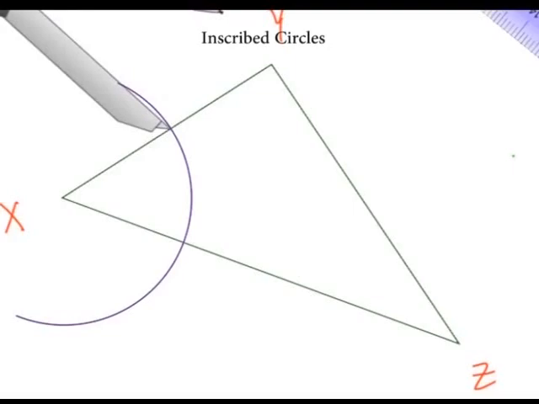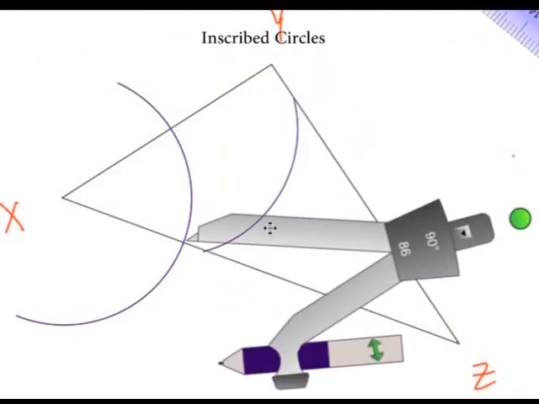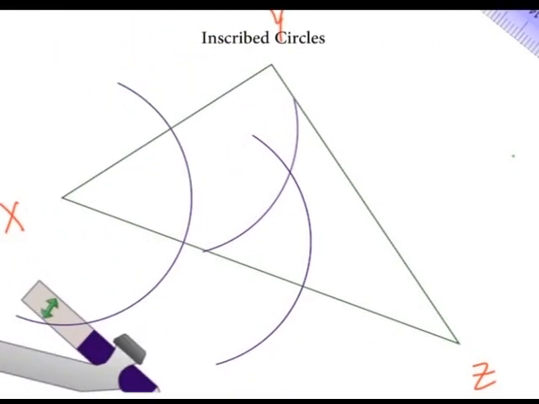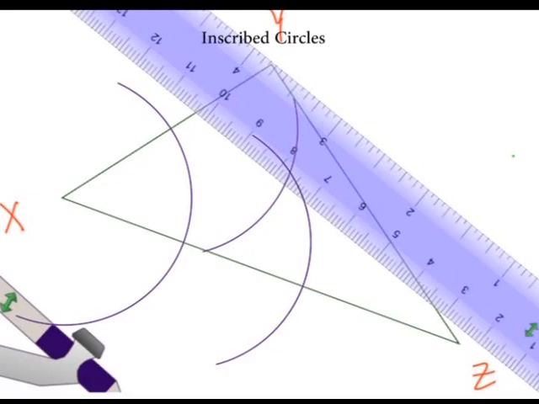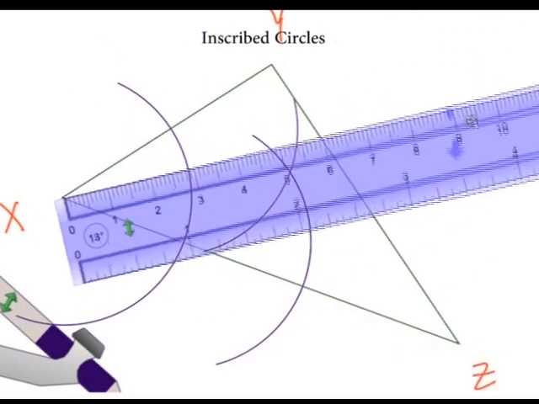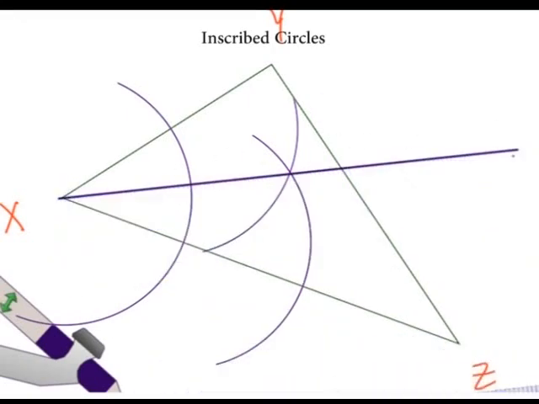We place at this intersection point and make another arc. We go down here and draw another arc. Now we join the intersection to the vertex. And that line will be the angle bisector.